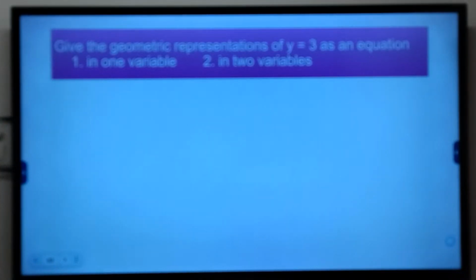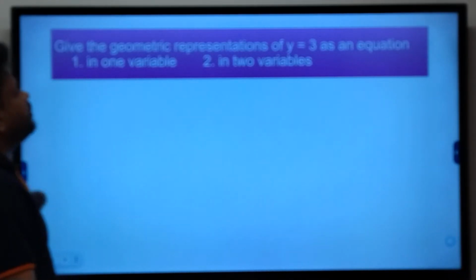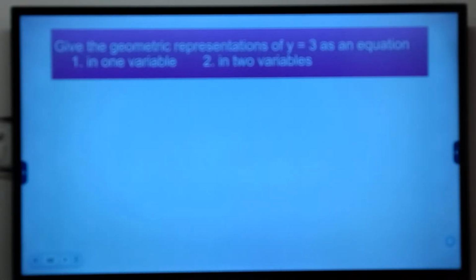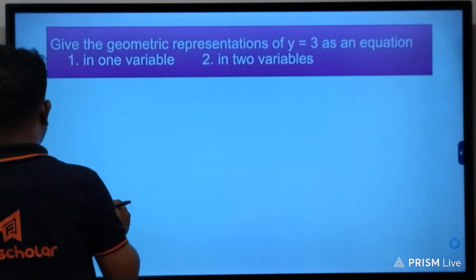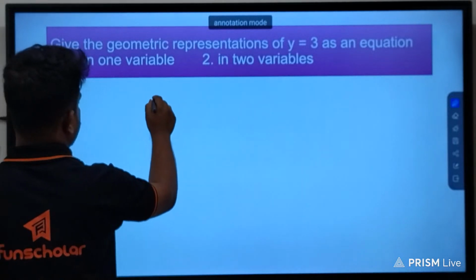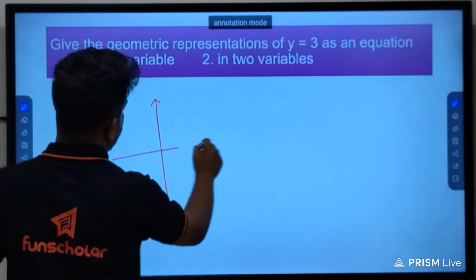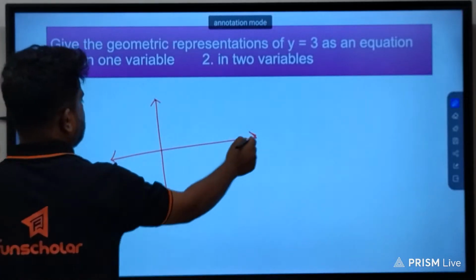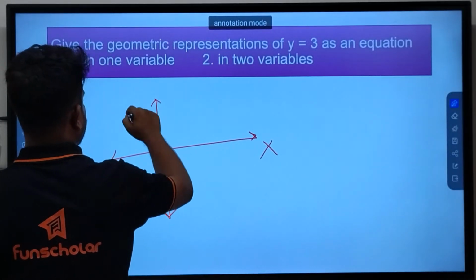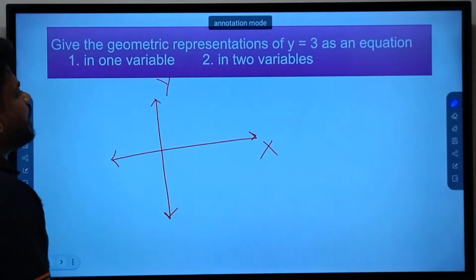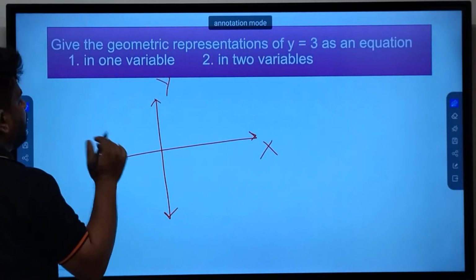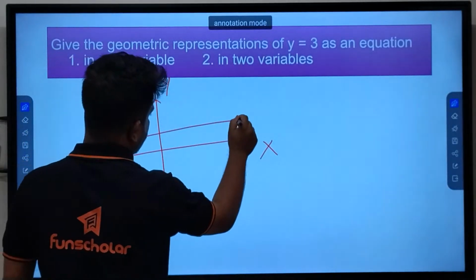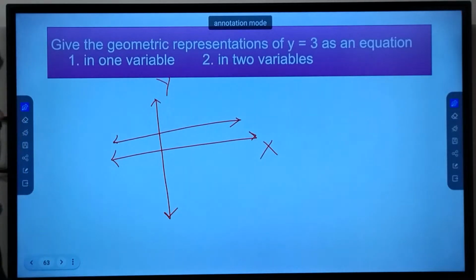The next, give the geometric representation of y equals 3 as an equation in one variable and in two variables. So, if I draw this geometrically, first we have to do this for two variables, x, y, and they have asked y equals 3. So, the equation y equals 3, remember it will always be parallel to the x axis. So, it will be like this. Okay.